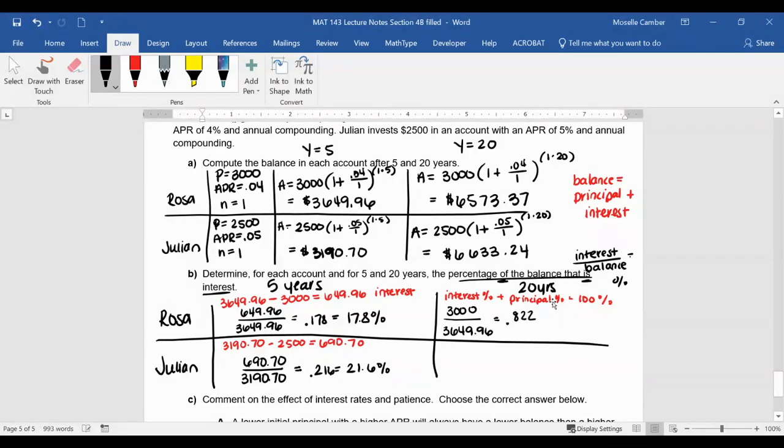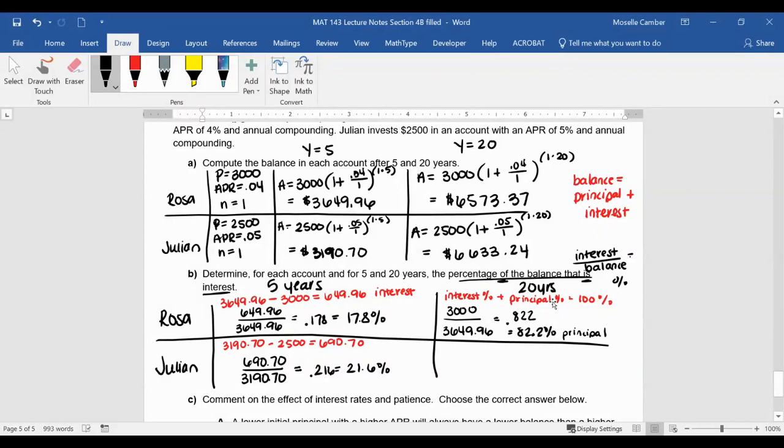So if I find 3,000 divided by 3,649, that should give me 0.822. Right? Oops, 649. Yeah, 0.822 rounded, which is 82.2%. So I know that 82.2% of this is the principal.